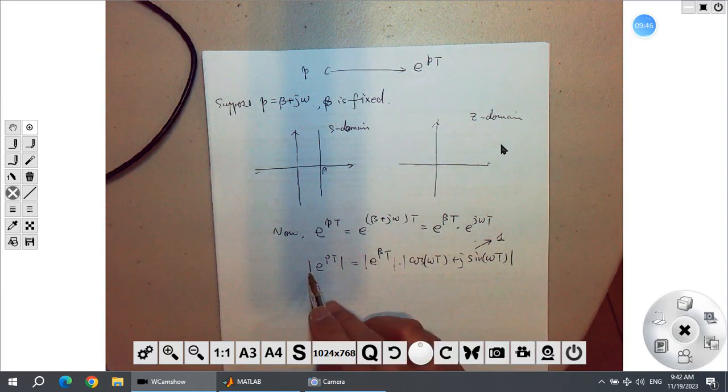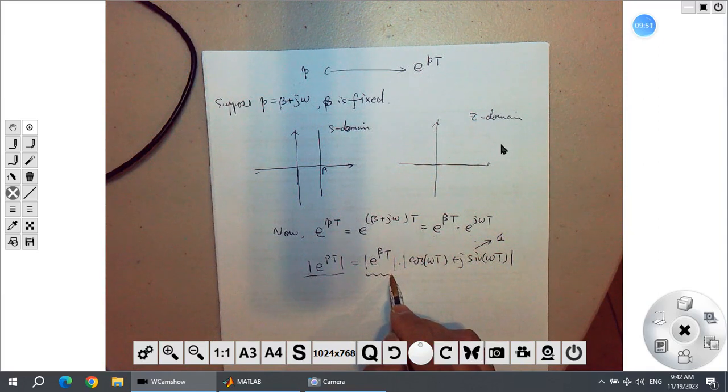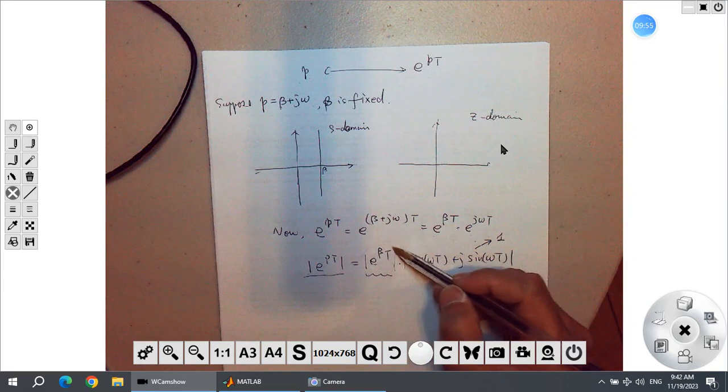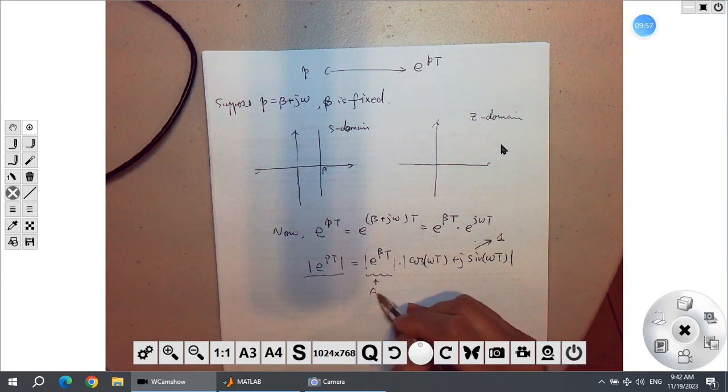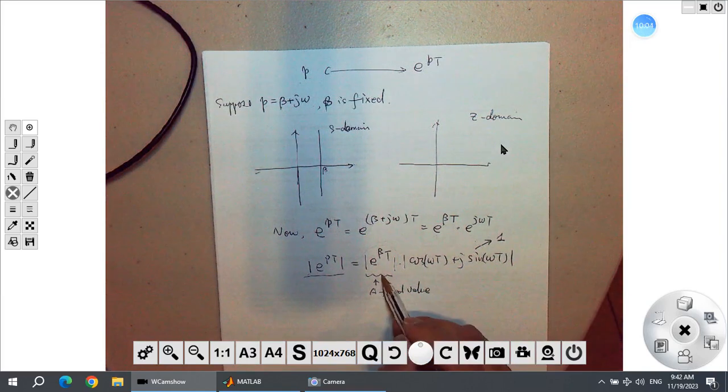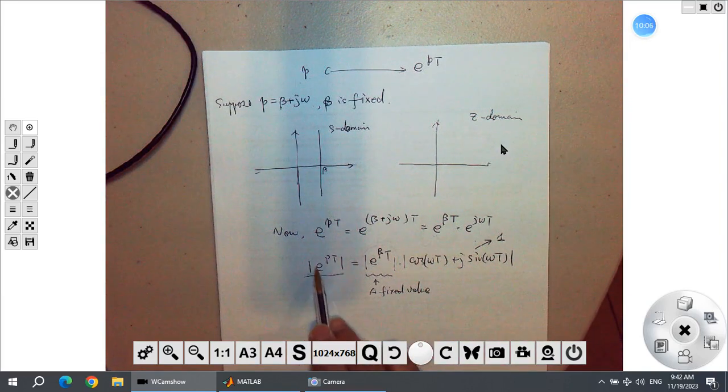So the absolute value is just e to the beta t. Now beta is fixed, so this is a fixed number, a fixed value, and this value gives the absolute value of e to the pt.